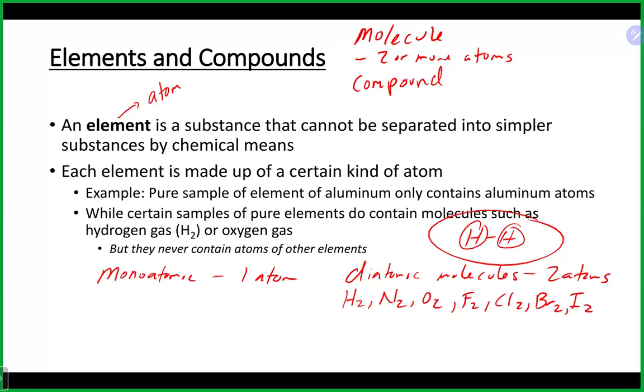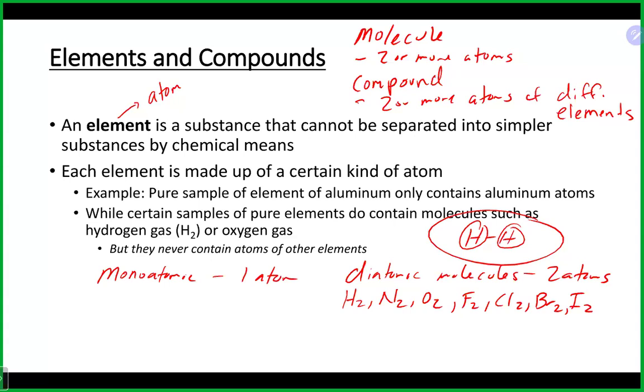A compound, as we will see, is two or more atoms of different elements. So a compound has to have that extra distinction: you do have to have two or more atoms involved, but you also have to have two or more elements involved as well.